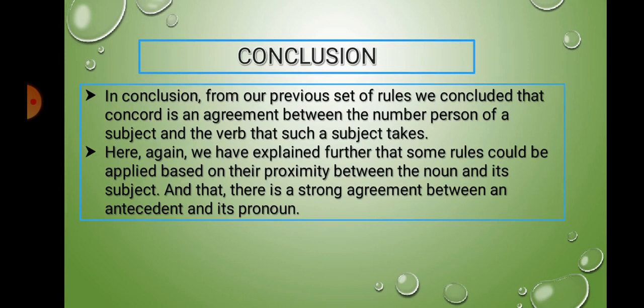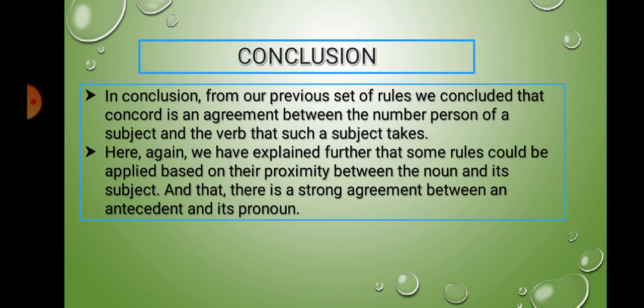Here again, we have explained further that some rules could be applied based on proximity between the noun and its subjects, and that there is a strong agreement between an antecedent and its pronoun. So let's have this in mind whenever we are expressing ourselves or writing. It's very important that we observe every rule of concord or every rule of grammar.